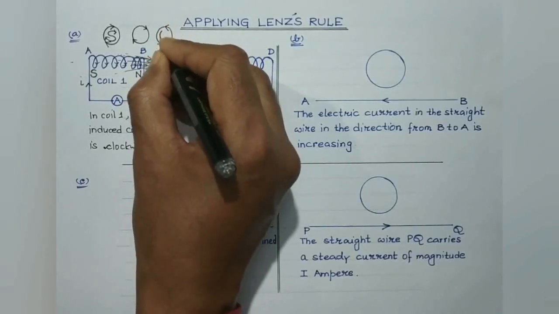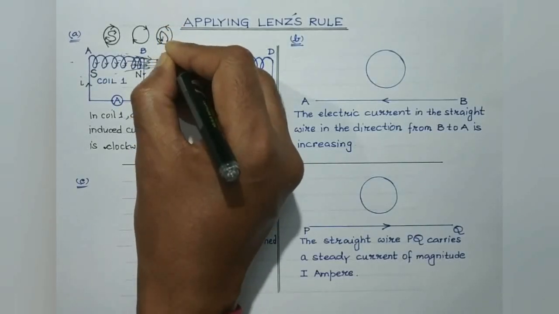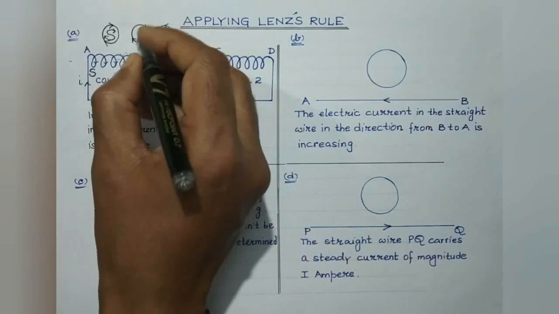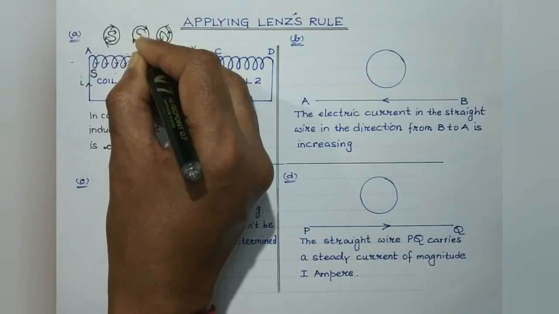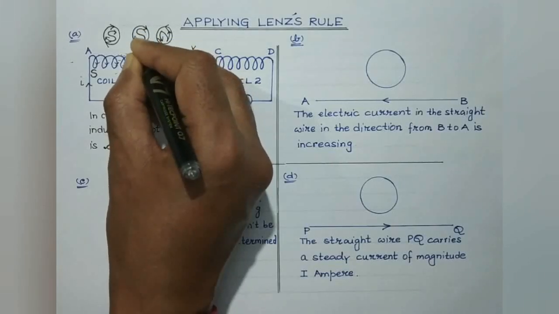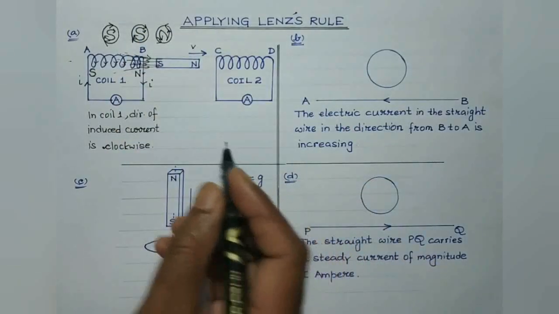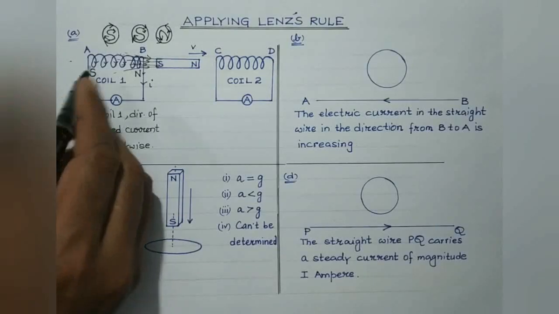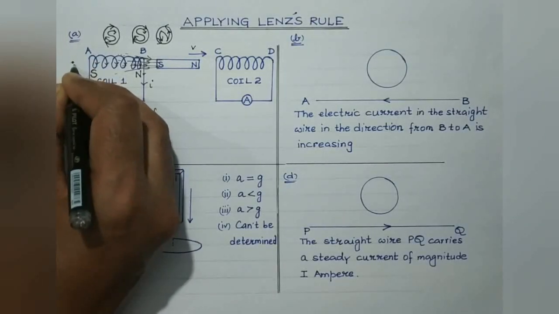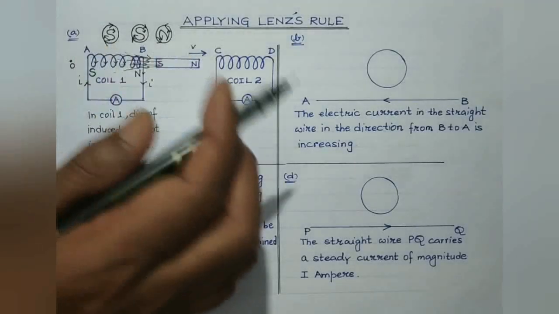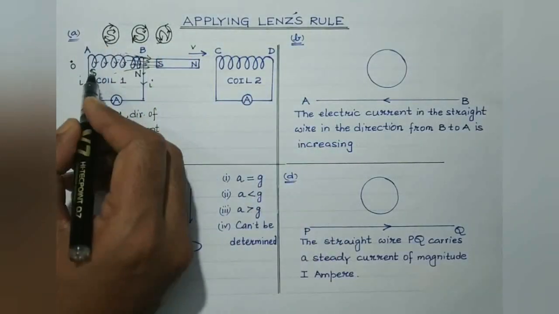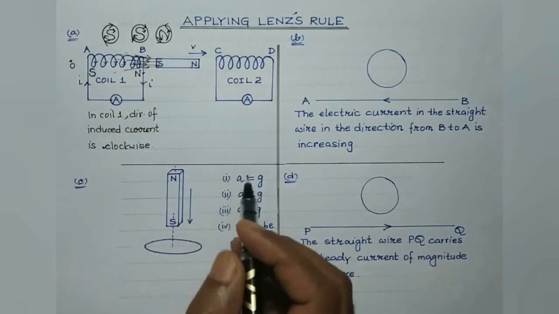So in this case, it will behave as north polarity. And in case the current appears to be flowing in the clockwise direction, then as I have stated, this face of the loop will behave as south polarity, right? So here, this end will behave as south polarity. So if the observation point is over here, then from here it will appear as if the current is flowing in the clockwise direction, because this end of the solenoid acts as south polarity.